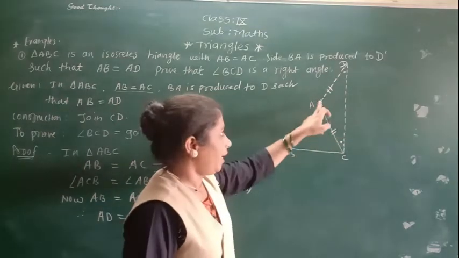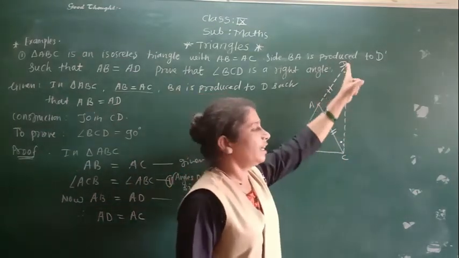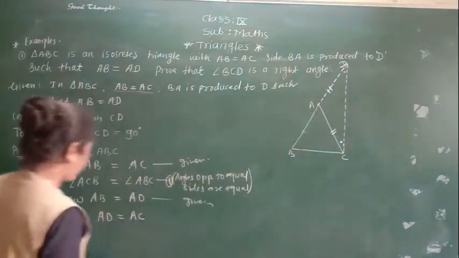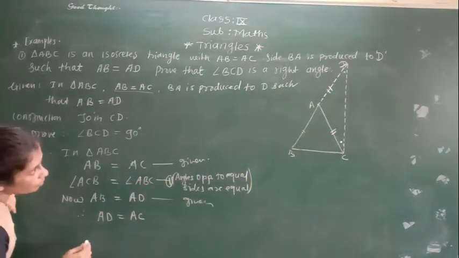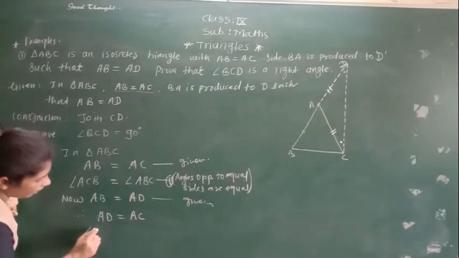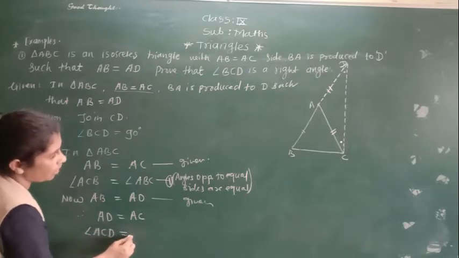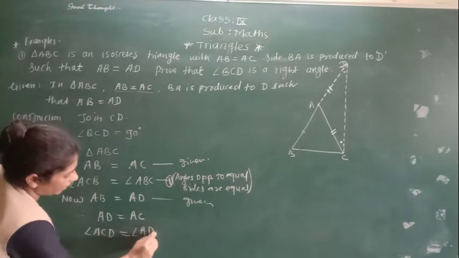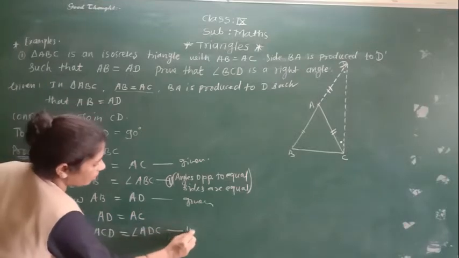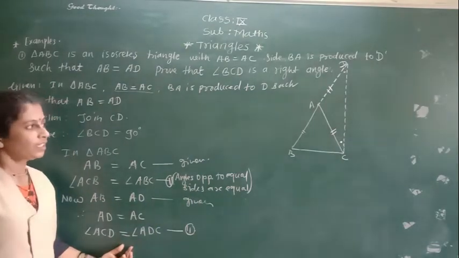So angle ACD equals angle ADC. This is your second statement. The reason is the same: angles opposite to the equal sides are equal.